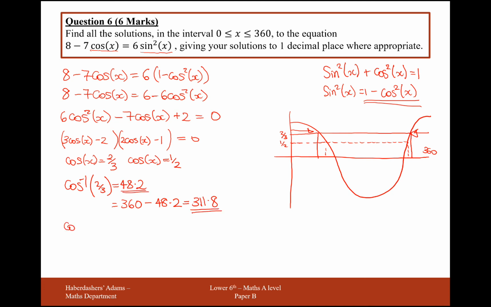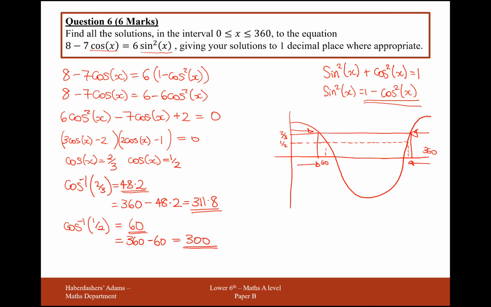And for the other one, cos minus 1 of a half, remember this from GCSE, this is 60, and so it's going to be 360 take away that 60 degree angle. So that's going to be 360 minus 60, which will give us 300.